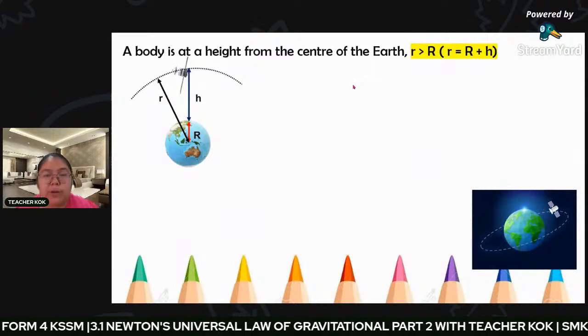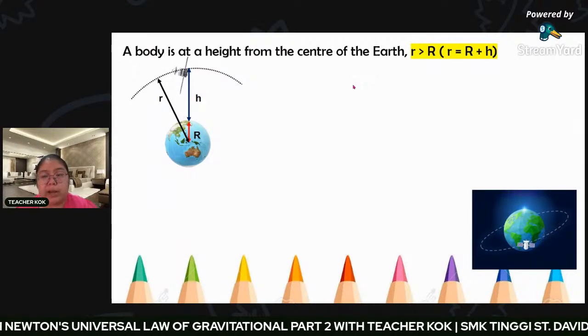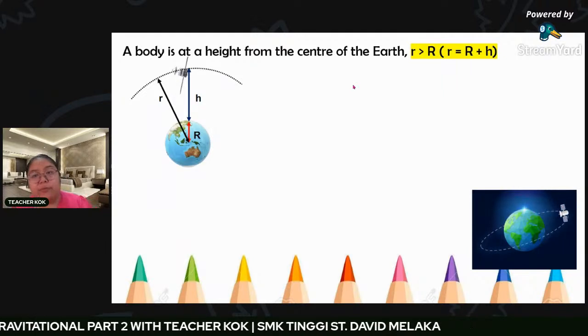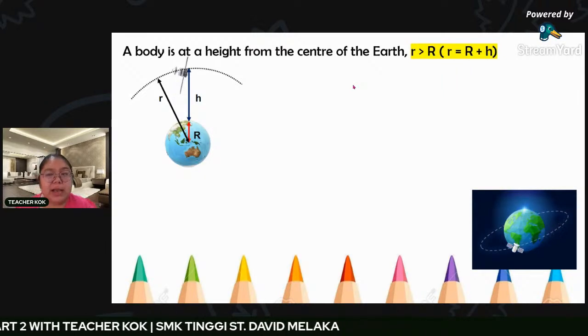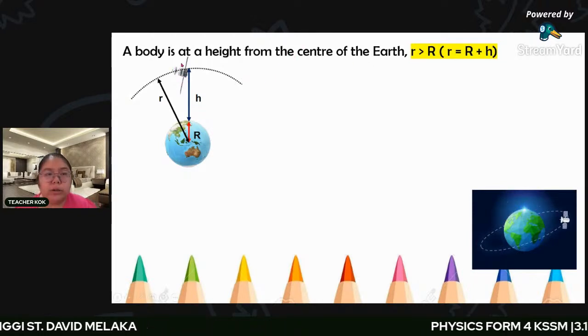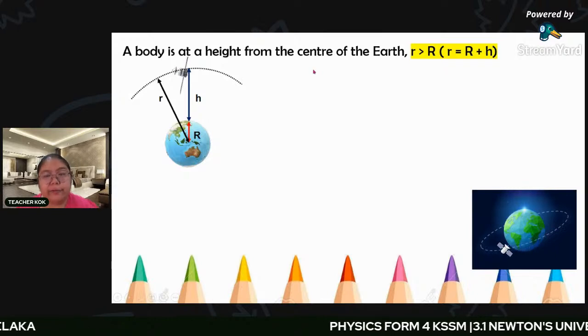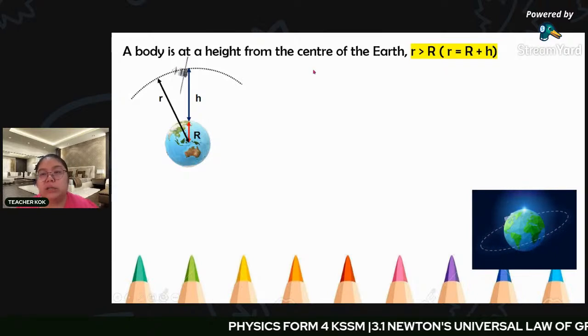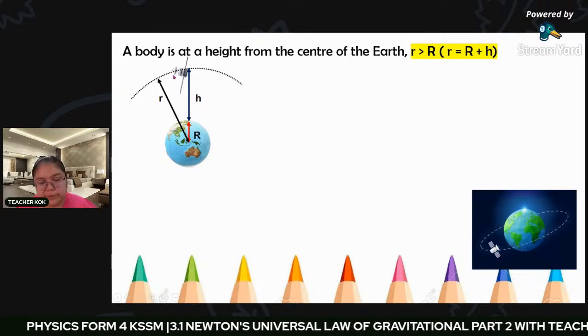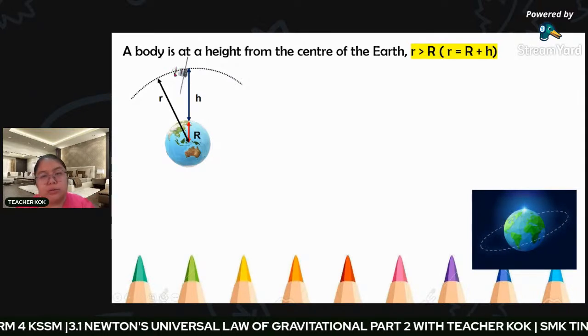Okay, so that one just now is a relationship: when the object is further from the Earth, you find the gravitational acceleration will drop. Now the second situation: a body is at a height from the center of the Earth, for example a satellite. The satellite is a bit far, and then orbits the Earth in a round orbit.